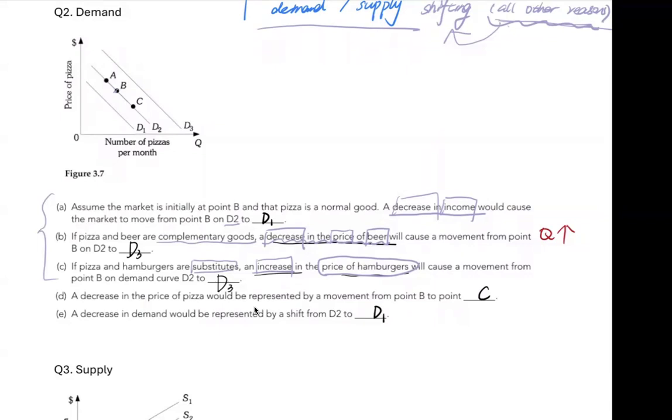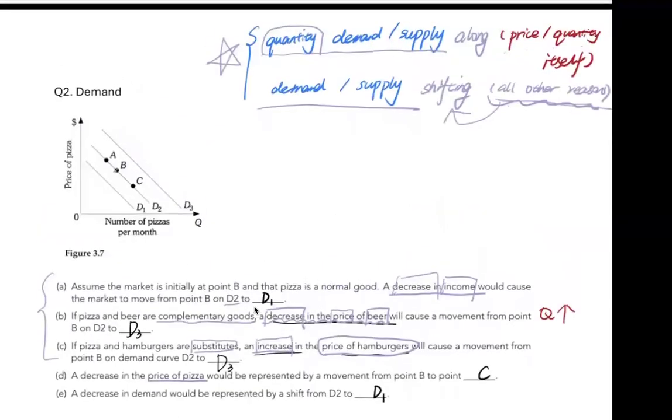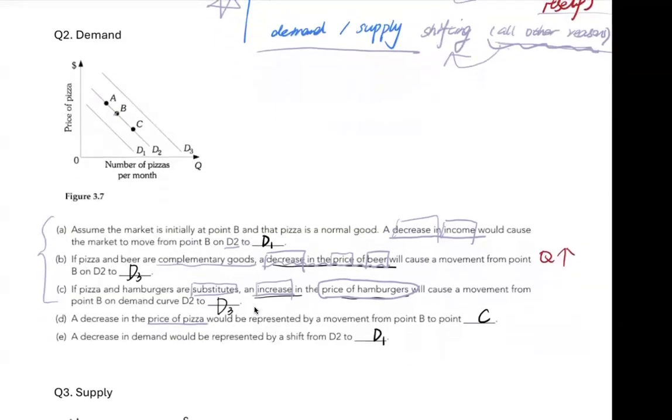And for D, the price of pizza changes. Price of itself changes. So it will cause a quantity demanded change. The movement would be along this curve. Okay, so originally B, right?